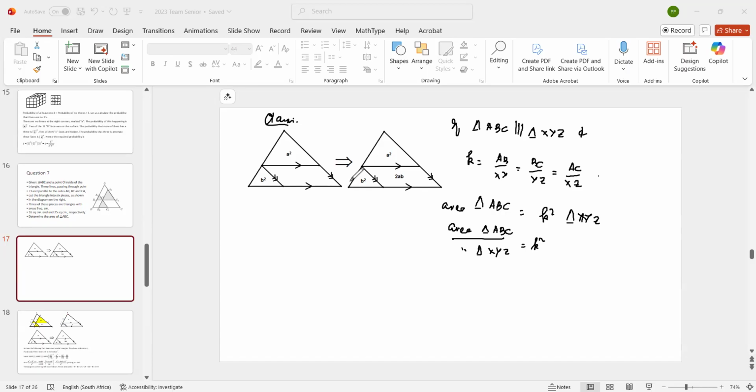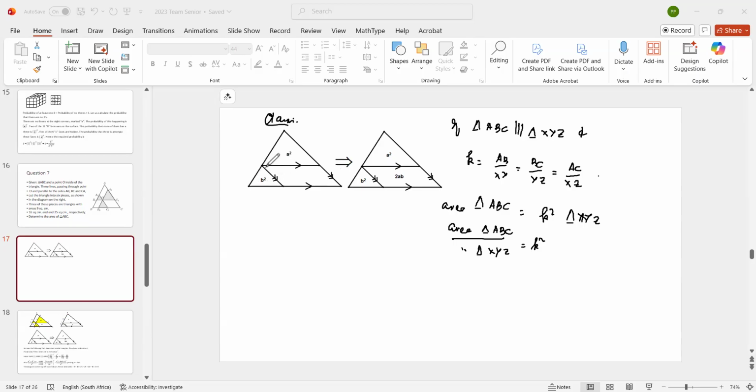Okay, so now here you've got this area is a squared and this area is b squared, and these two triangles are similar because you've got a parallel line. Whenever you've got a triangle and a line segment parallel to one of the sides, then this small triangle is always similar to the large triangle because the corresponding angles are equal.